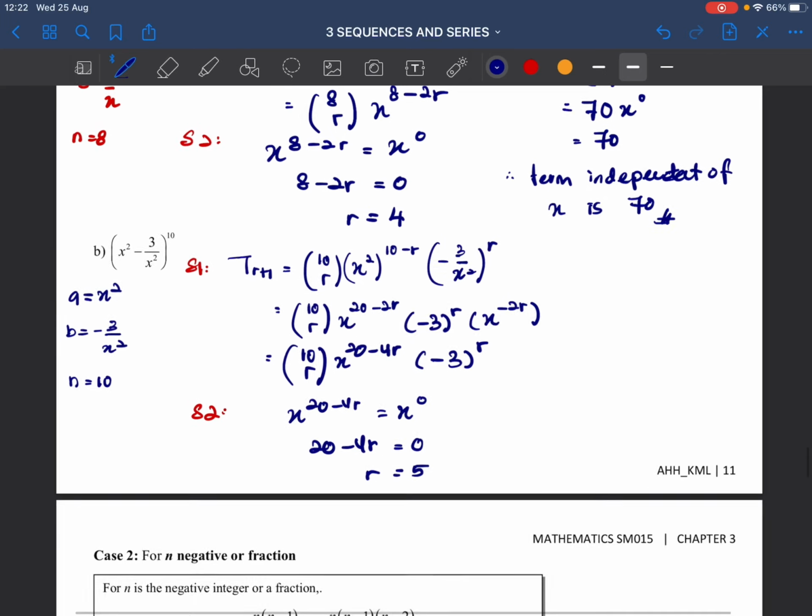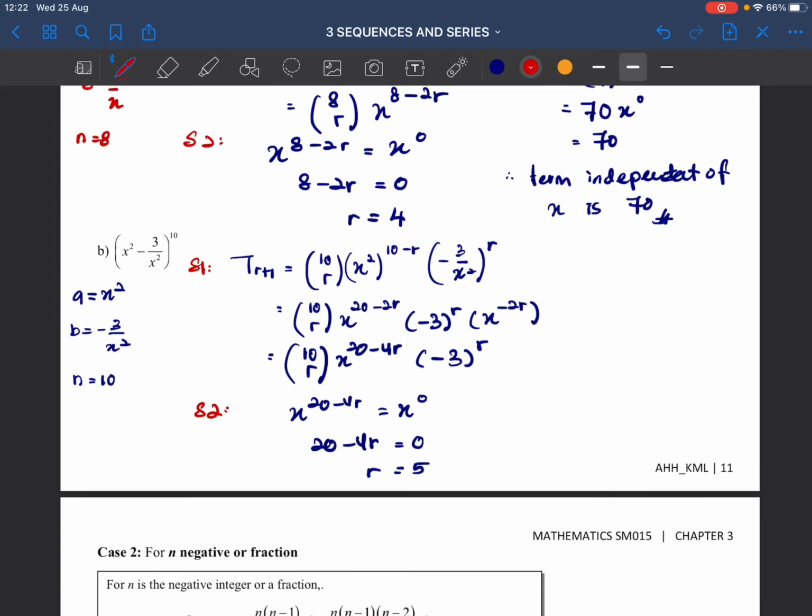So the last step is just to substitute back into the formula that we already simplified, which is the last one here. So we will get 10, T what? T5 or T6? T6, because we have r plus 1, right? So equals 10C5 x to the power of 20 minus 4 times 5, negative 3 to the power of 5.